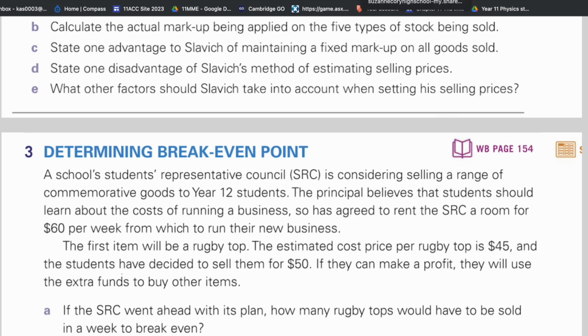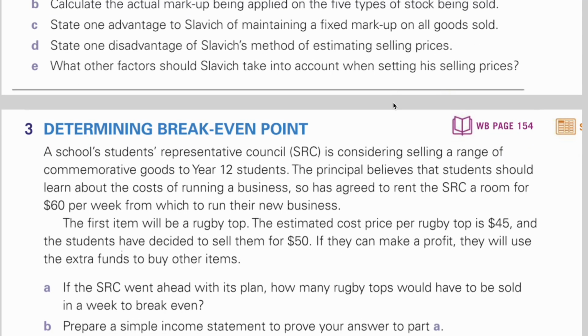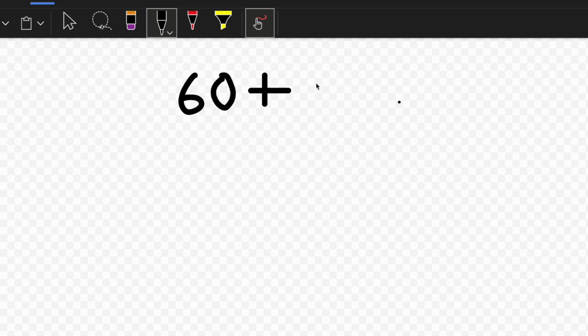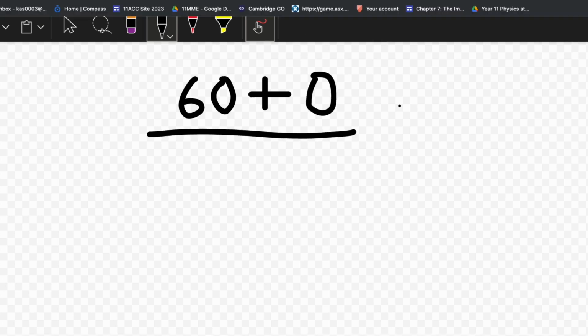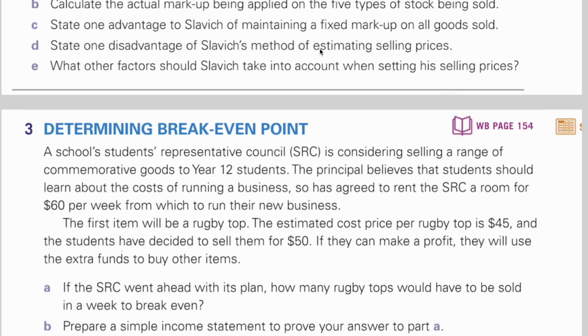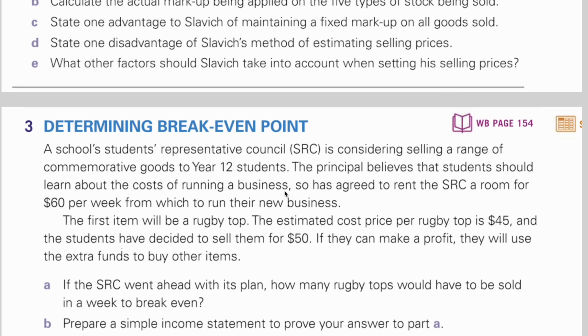In a break-even analysis, the profit is mostly zero, because to reach a break-even means you have no loss or no profit. So that means we have a profit of zero, it's our assumption, and divided by the selling price. In this case, the selling price is $50 per rugby top.